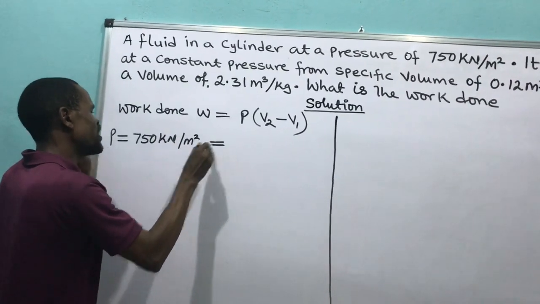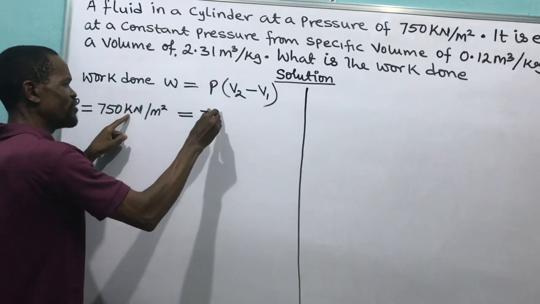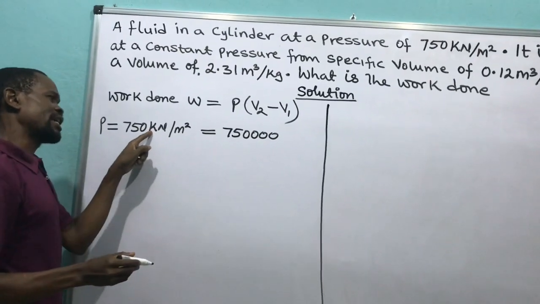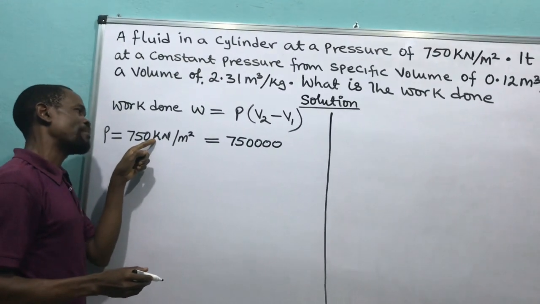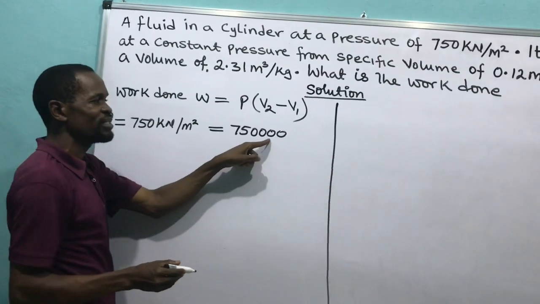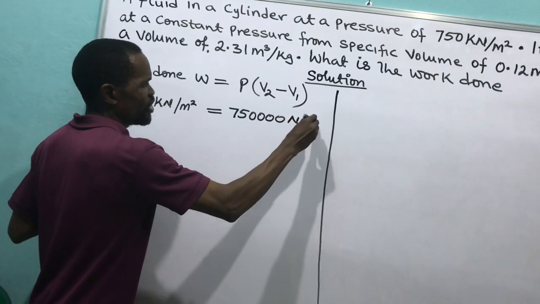Kilo stands for 1000, so I multiply 750 by 1000, which gives me 750,000 Newton per meter squared.